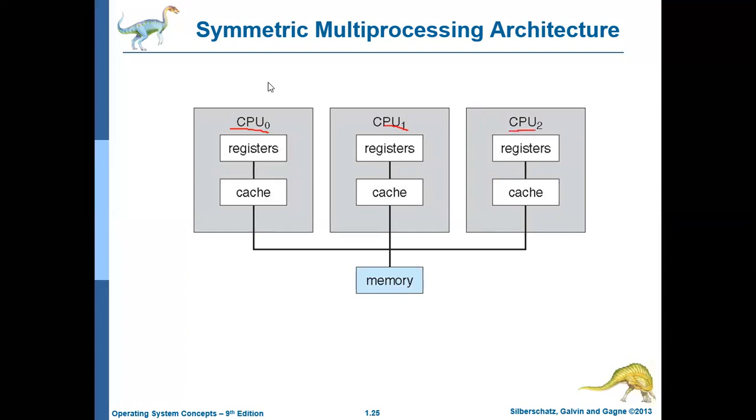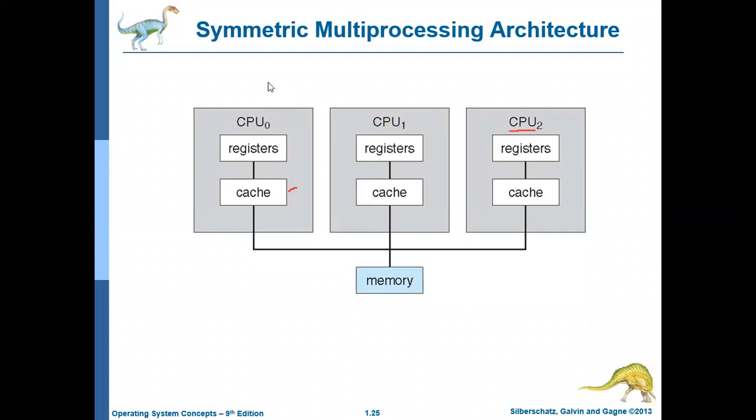This entire block is a CPU, and each of the CPUs has its own registers and cache memory, and there is the main memory, RAM, which is shared by all these processors. So this is one example for symmetric multiprocessing architecture.